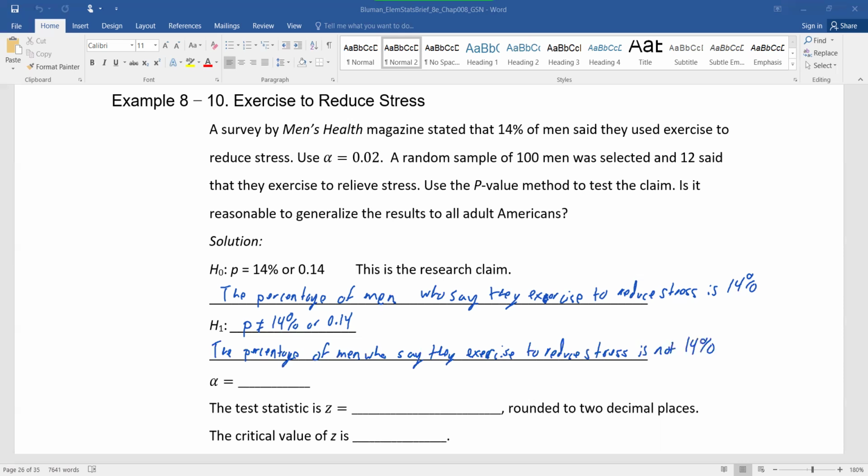And then what was the alpha that was given? That's what we're going to do next.